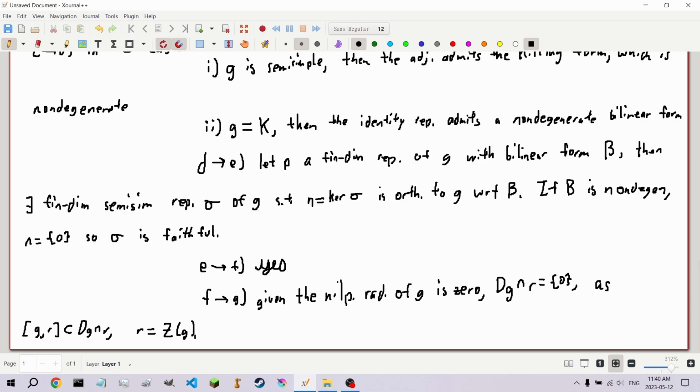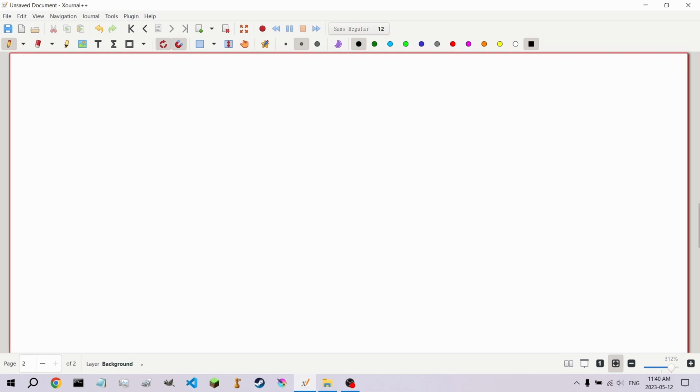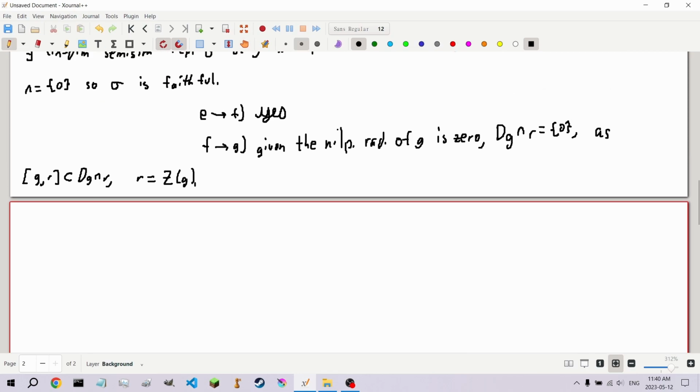And finally, we have to go full circle to get full equivalency to show that G implies A. Just stating that if the center of G is its radical, then it is reductive, so that its adjoint representation is semisimple.